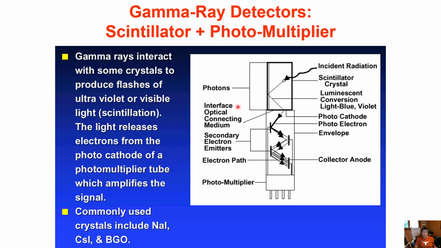Now, how are gamma rays measured? Well, gamma rays are photons. A photon has no mass, no electric charge, it's just energy. But gamma rays have a spectrum of energies. Their energy is proportional to their frequency. And the constant that ties frequency with energy is Planck's constant.